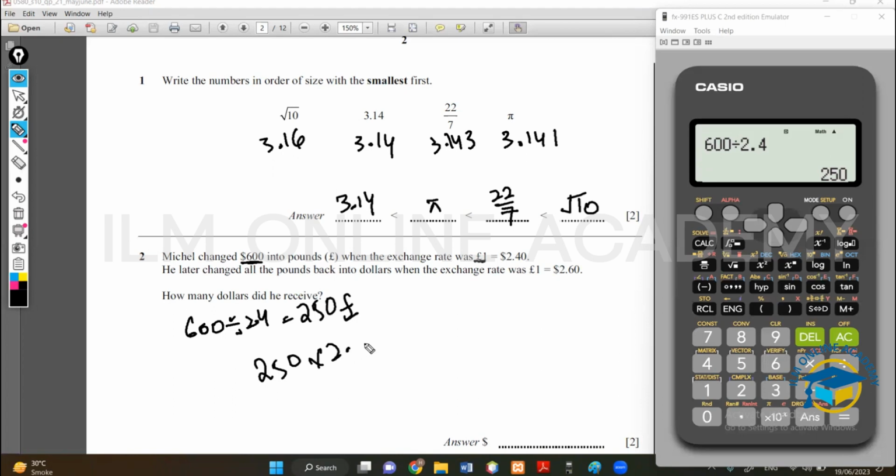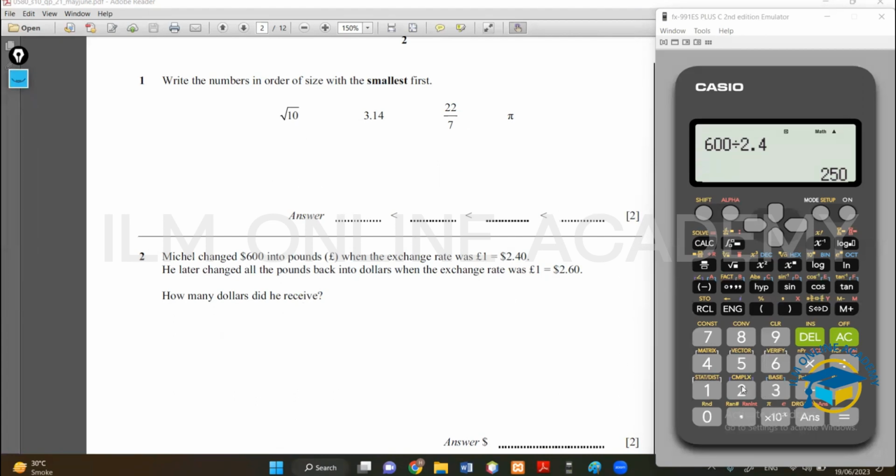So we will multiply by the new rate, because when he exchanged back, the rate was $2.60. So we will multiply 250 by 2.60. So your answer would be around $650. Okay. So the answer would be $650.